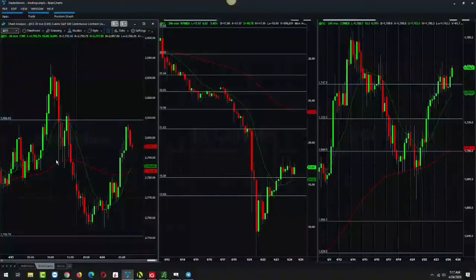Looking here on the 30-minute time frame, 2790 is certainly setting up as an area that would be key support for us at this point. 2790, even down here 2780, really probably 2777, 2778, we could look for this to bounce off of and continue on.